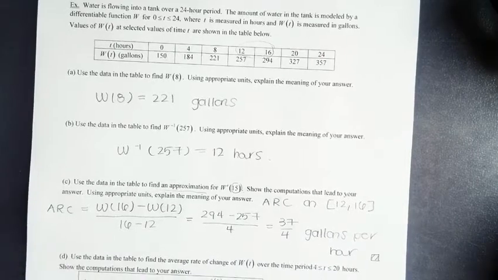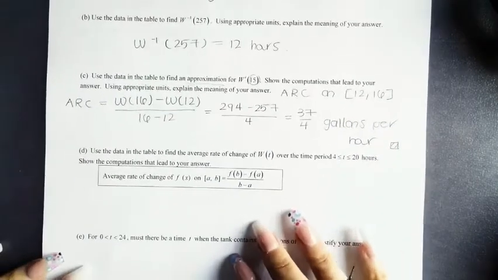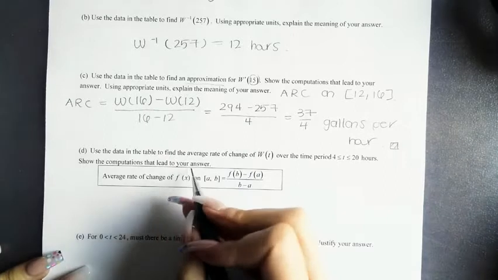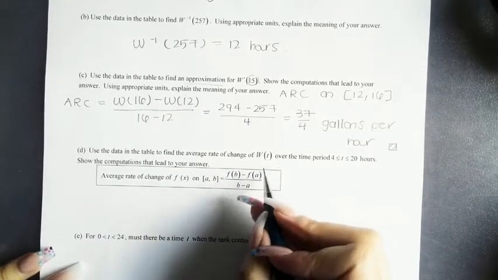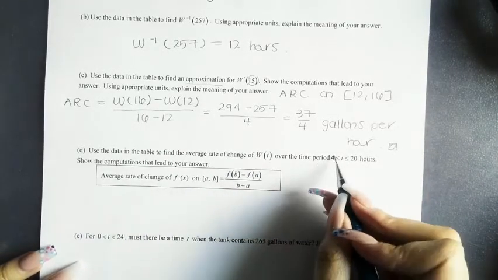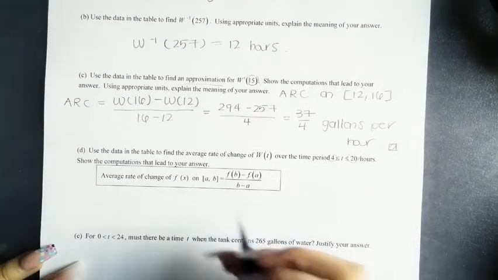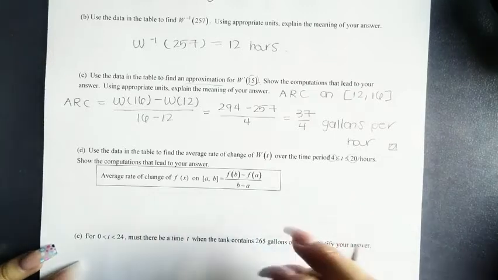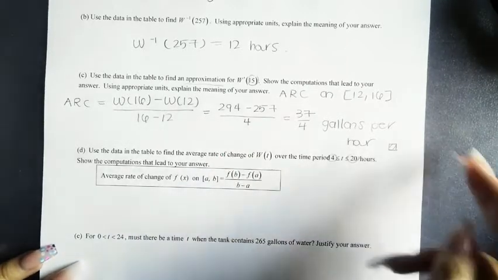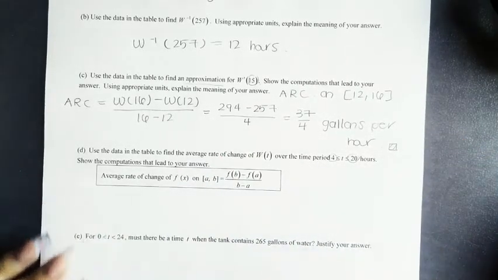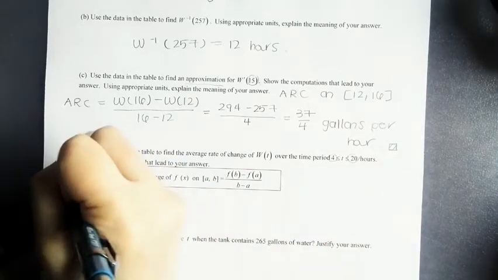Now let's look at D. Use the data in the table to find the average rate of change of W of T over the time period 4 to 20 hours. Show the computations that lead to your answer. They give you a huge hint here. Well, this is not a hint, we already used it before. So what are you going to do?